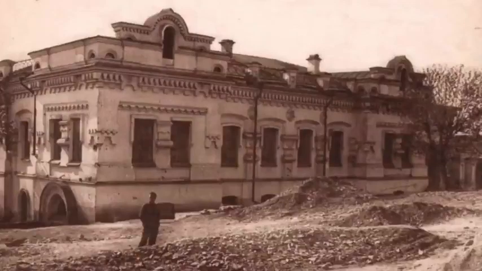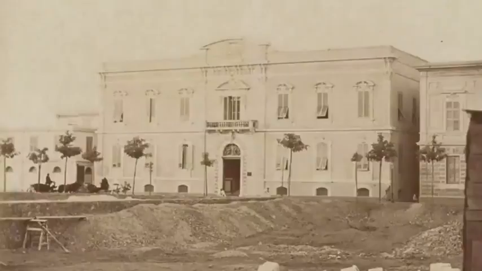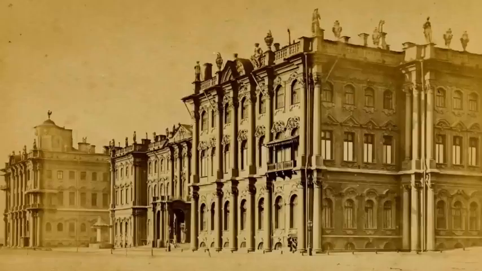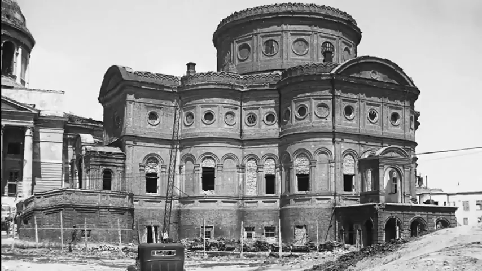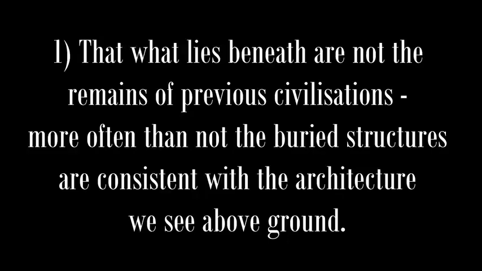It is either sunken or the ground level has been raised at least 3 meters, sometimes in a uniform manner, and other times partially buried in rolling mud hills, as if there were huge landslides. The strange case of the buried architecture provides the following conclusions: that what lies beneath are not the remains of previous civilizations.